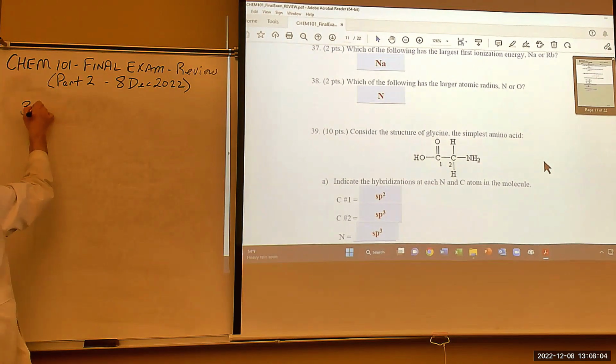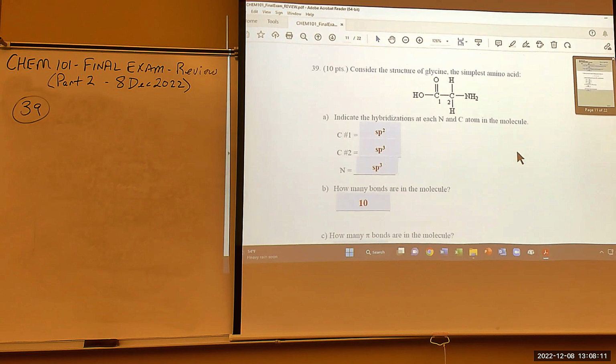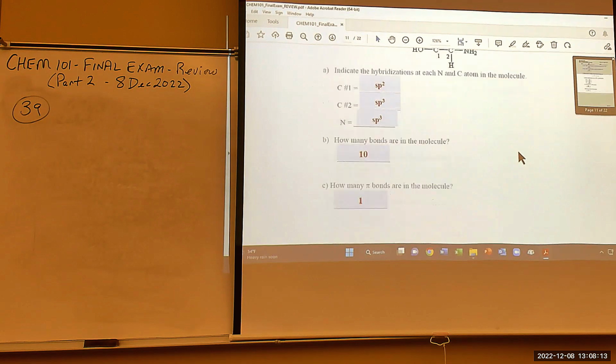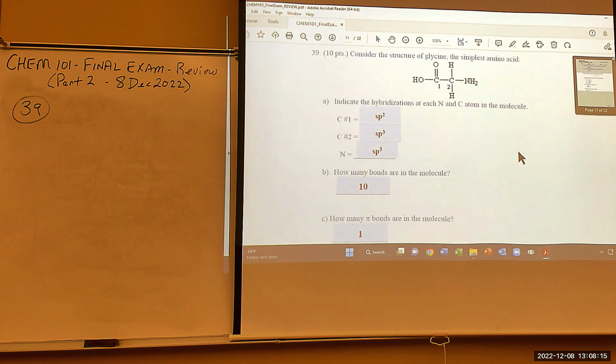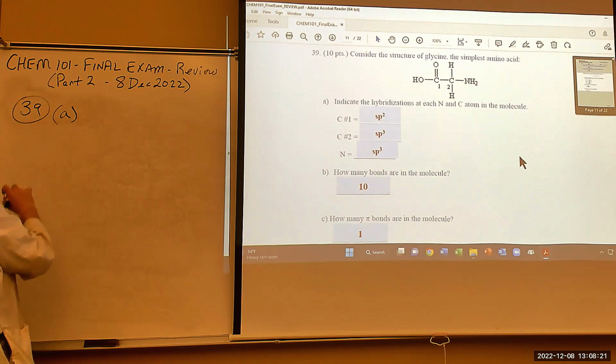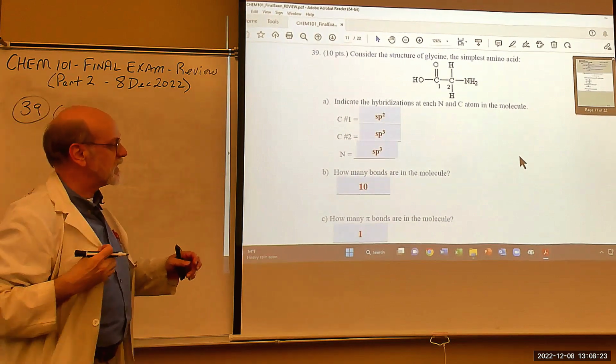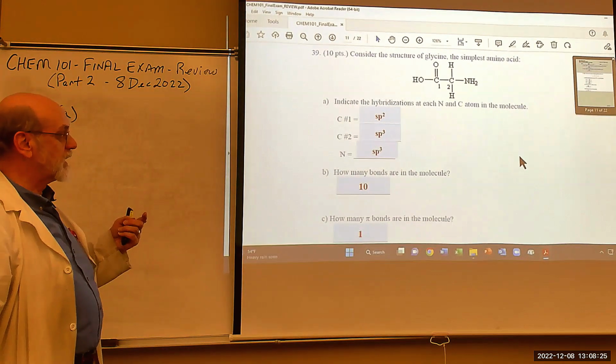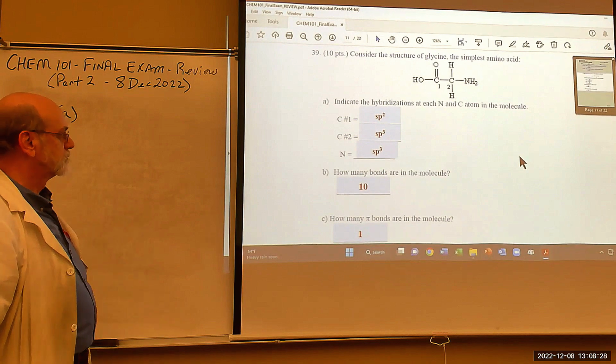39. I have to scroll a little bit. Let's see. Get everything on there. There we go. We got 3 parts to this one. Part A. Indicate the hybridization of each nitrogen and carbon atom in the molecule.